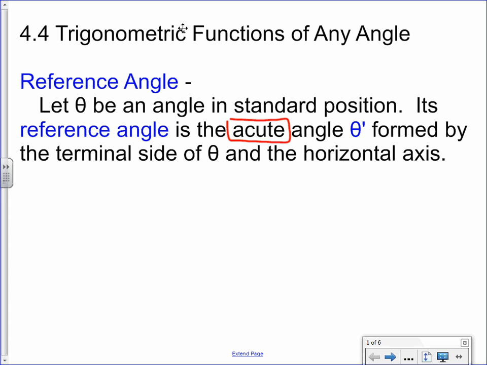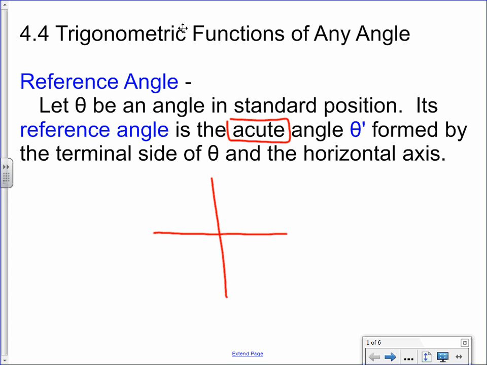Okay, so first we need to practice actually finding reference angles. Degrees you're always going to be more comfortable with, I know, but we need to be able to do this in radians as well. So let's think about our coordinate plane. Our reference angle is always going back to the x-axis, okay?